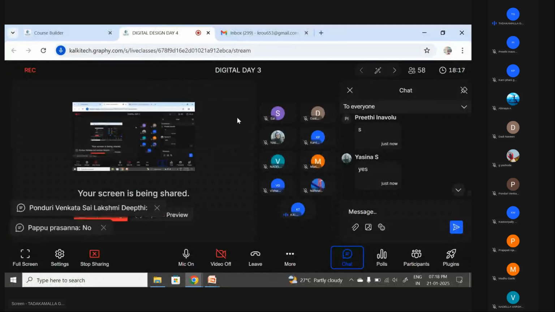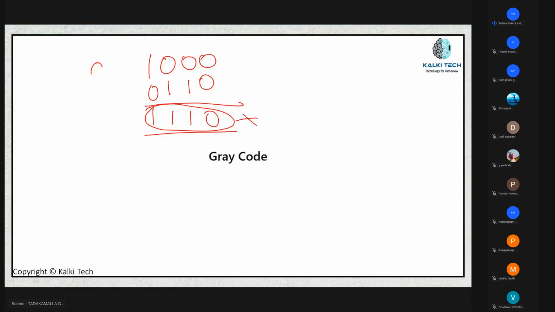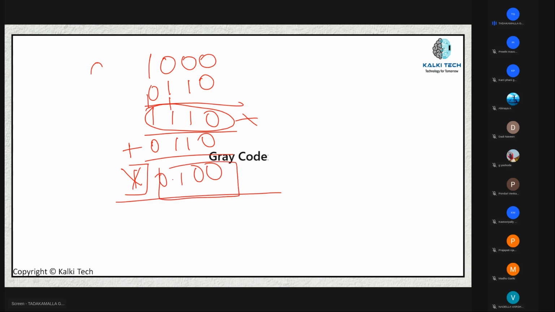No, right? So this representation is not present in BCD codes. So what are we doing? We are adding 0110, so we can skip all the 6 invalid representations and we get the final answer. We will ignore the carry. So the final answer is 0100. This is the result of BCD addition.